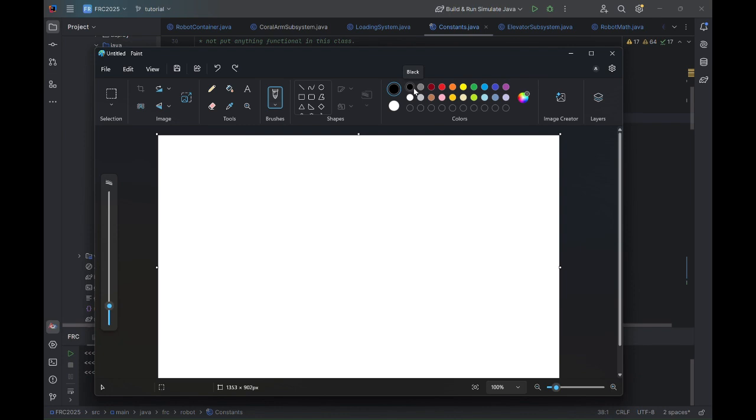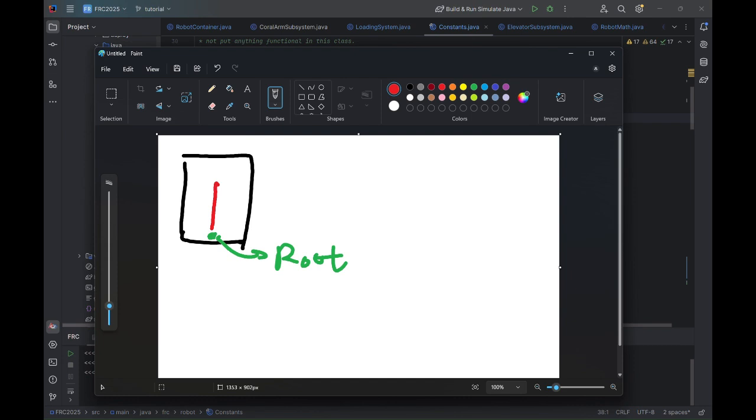So the first thing you have is a Canva. And to create an elevator, you have a root, which is the point you're attached the elevator to, and our elevator, which is called the ligament.